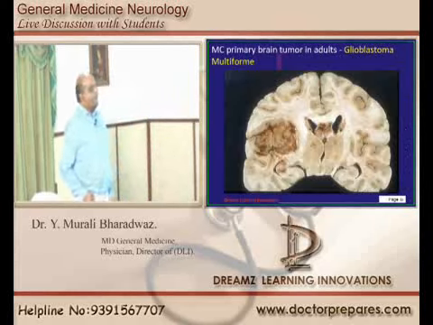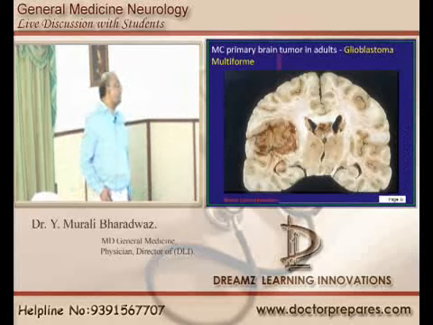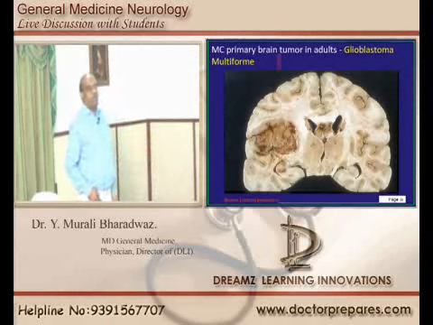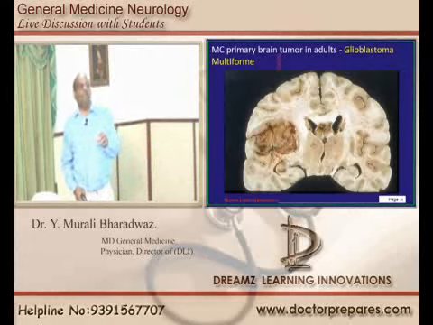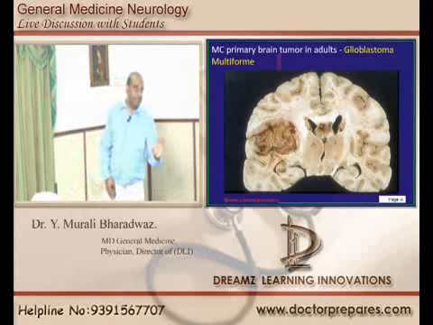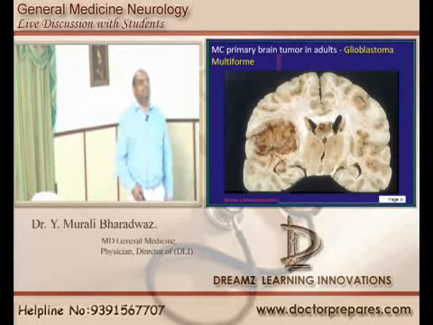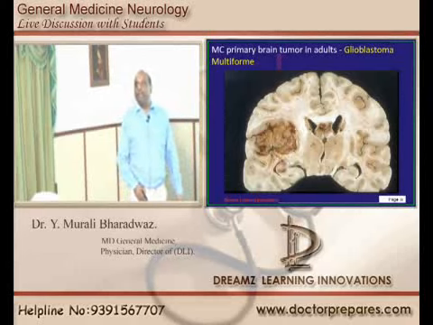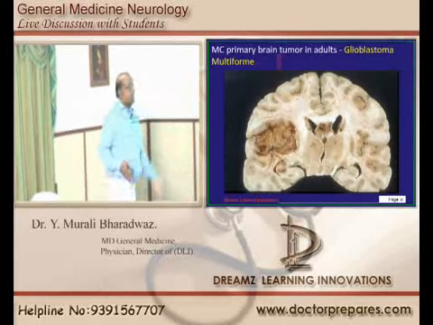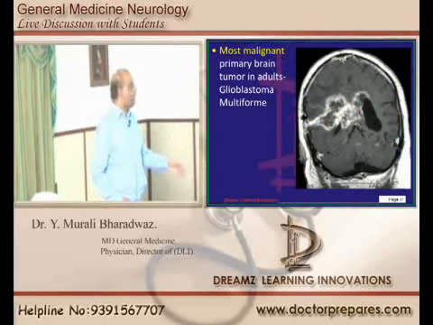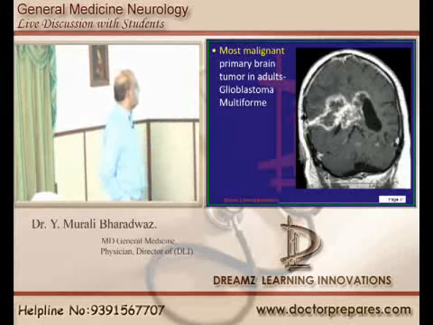Overall, in adults, the most common primary brain tumor, primary meaning not metastatic, is glioblastoma multiforme, which is one of the forms of astrocytoma, glioma. Astrocytoma and glioma are the same, be very sure. The very bad one among them is glioblastoma multiforme. And the most malignant primary brain tumor is also once more glioblastoma multiforme, is what you need to remember.